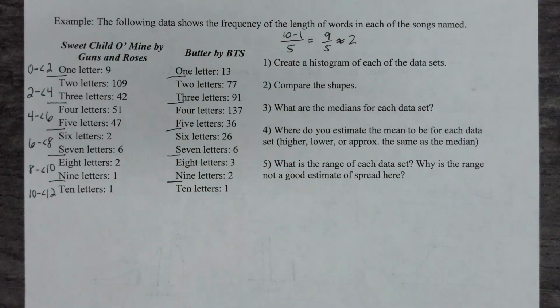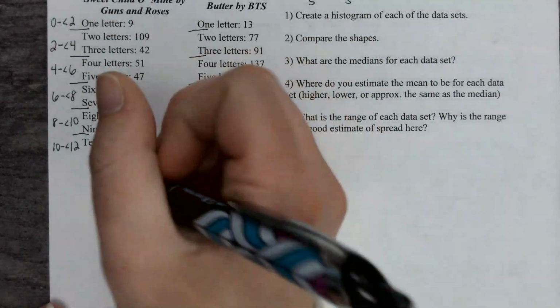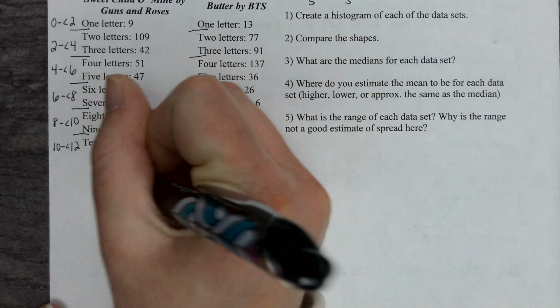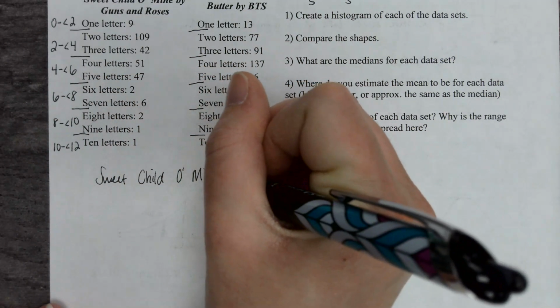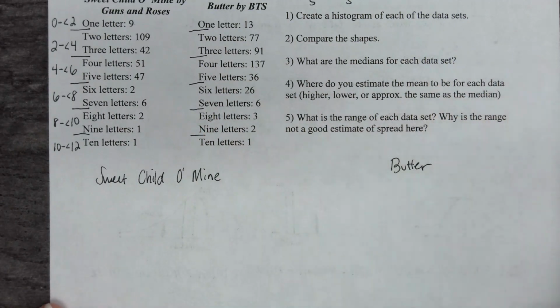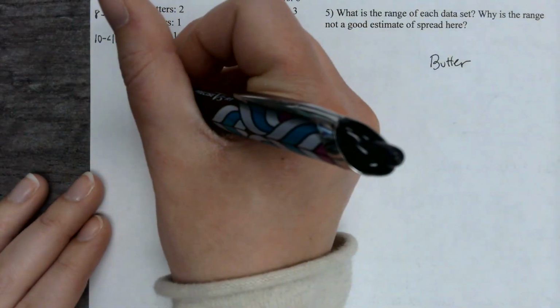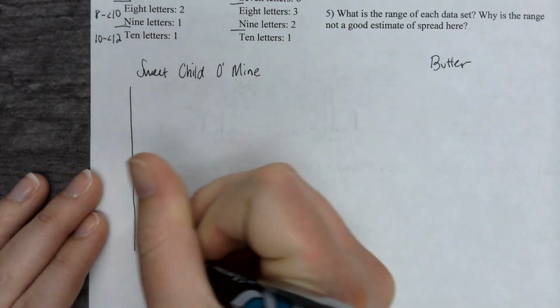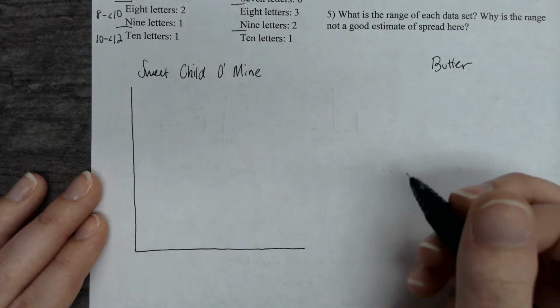All right, so what we're going to do is create 2 different histograms. The first one will be Sweet Child of Mine, and we'll have Butter over here. And we're going to make an X and Y axis, so we have my Y axis and my X axis.